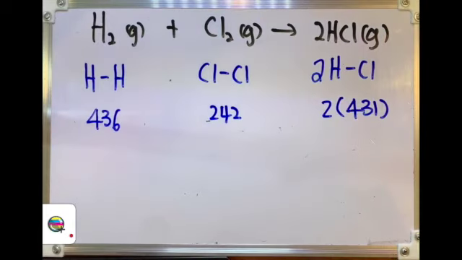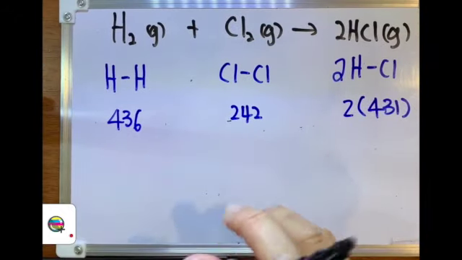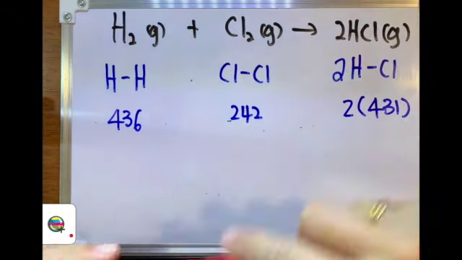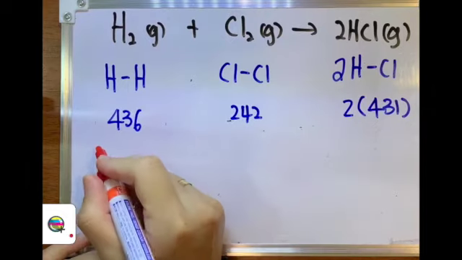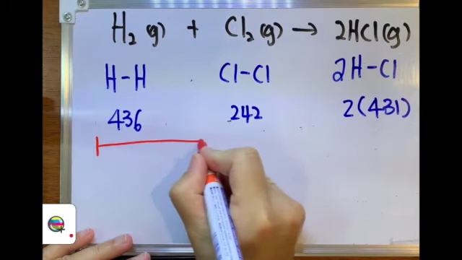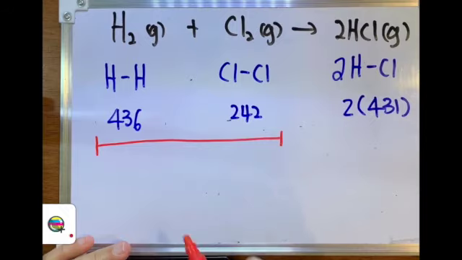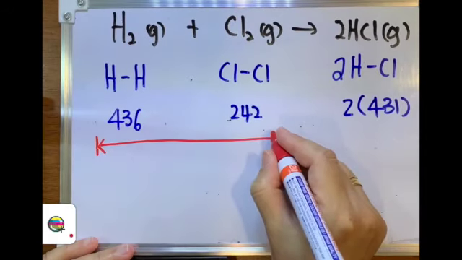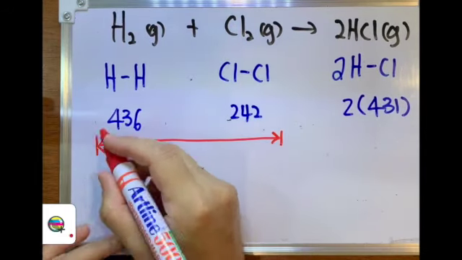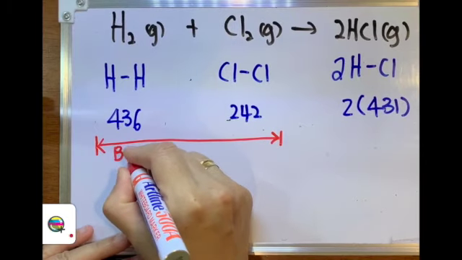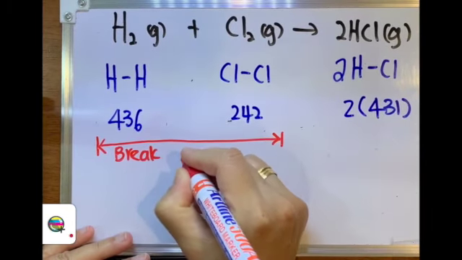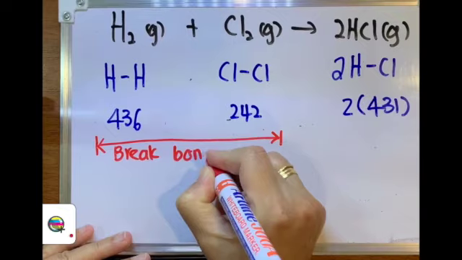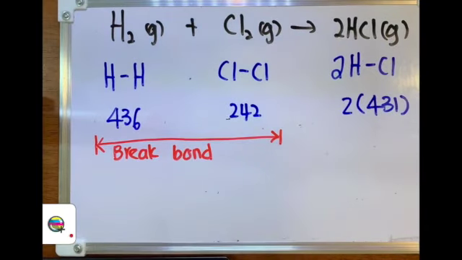Now, next step, what are we going to do? We are going to calculate the total energy absorbed in breaking the chemical bond. We need energy to be absorbed in breaking all the chemical bonds in the reactants, which I drew in this red color section. Normally in this case we refer to the covalent bond.